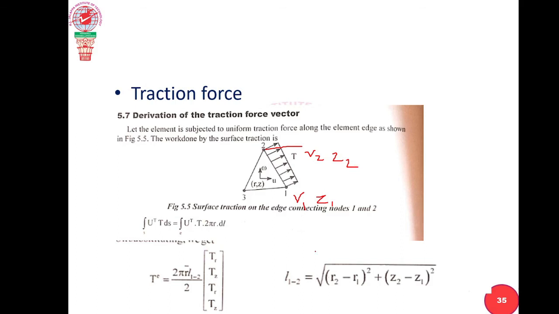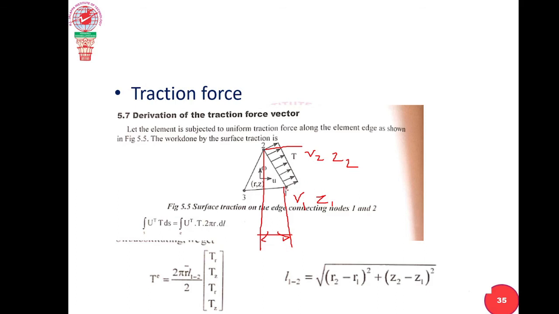Therefore, with respect to this, R2 minus R1 plus Z2 minus Z1. That means we are taking the distance here. R2 minus R1 is the horizontal distance difference.